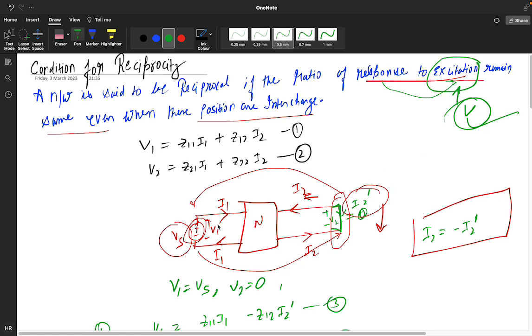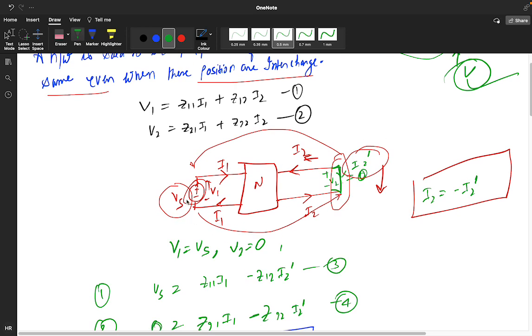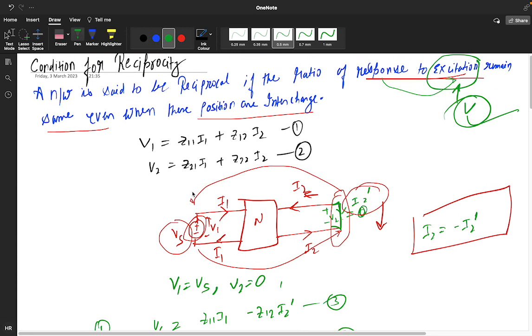In the first case, what was our voltage? V of s. And the response we are getting is I2 dash. So V of s is our excitation, and the response is I2 dash.